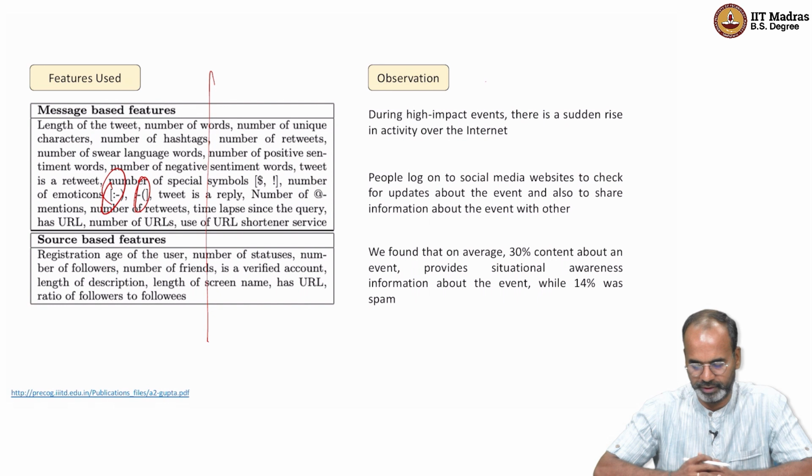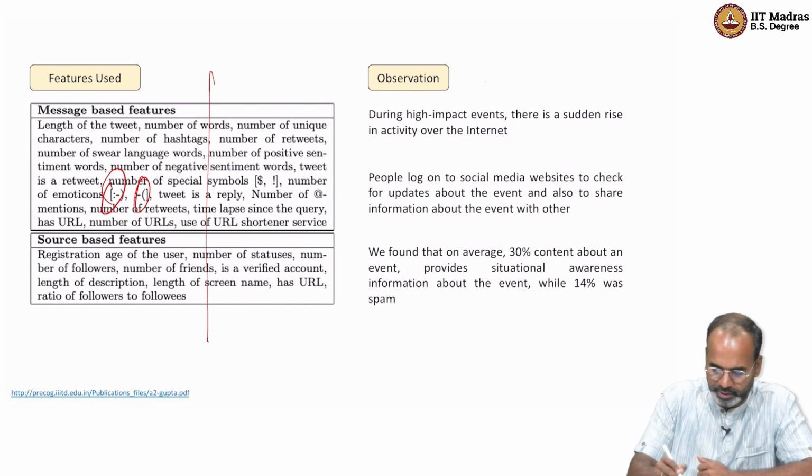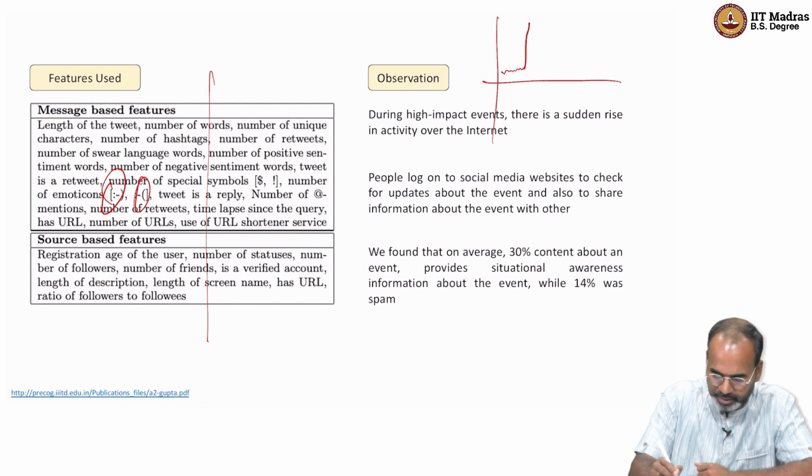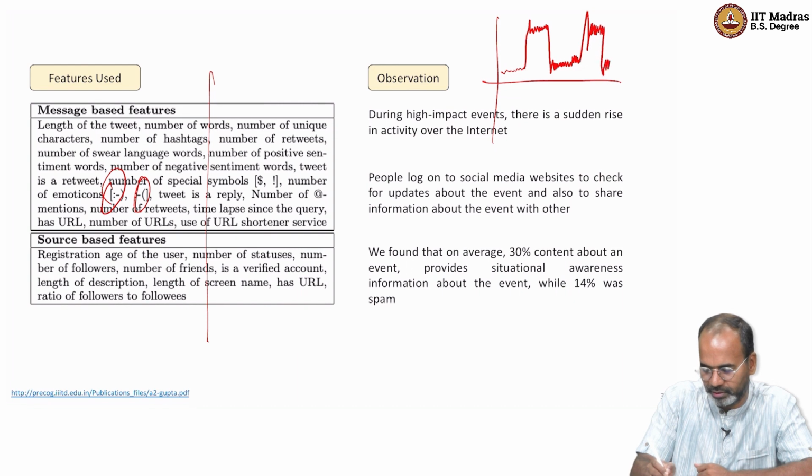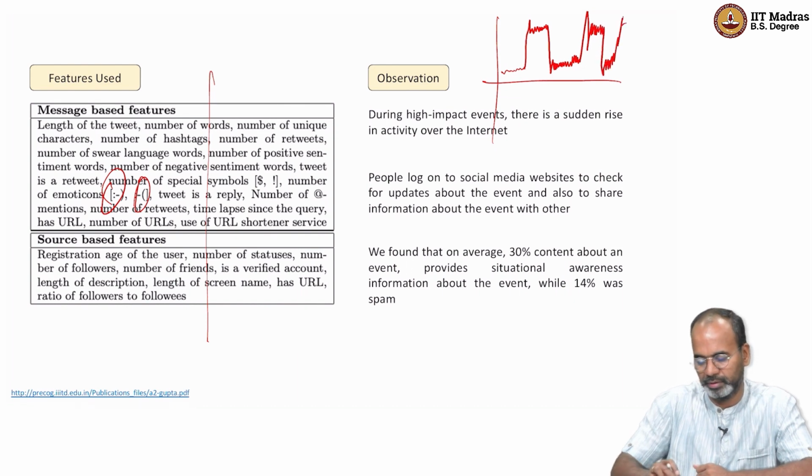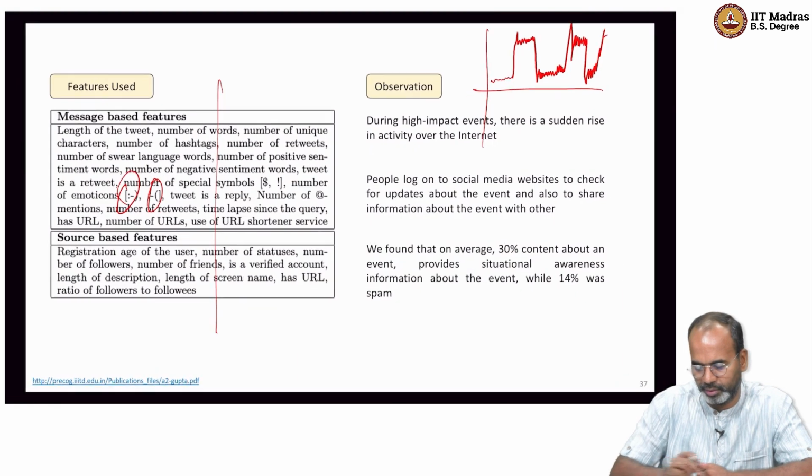During high impact events, there's a sudden rise in the activity over the internet. That's the natural thing that happens. Generally, let's take tweets, and suddenly if you see a blast happens, there may be some things like this, and then somebody dies, a politician or some senior people, then the graph can look something like that.